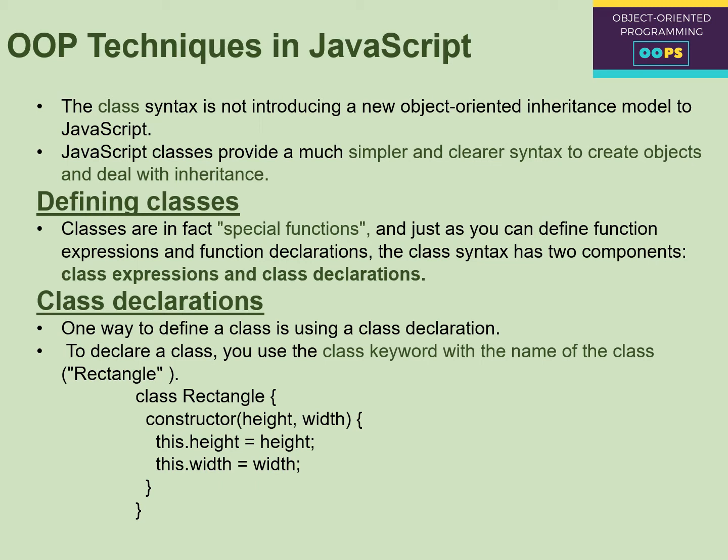The name of the class is Rectangle, and this Rectangle class has a constructor with arguments height and width, and inside that it is specified as this.height = height and this.width = width. So height and width are the properties of this Rectangle class.